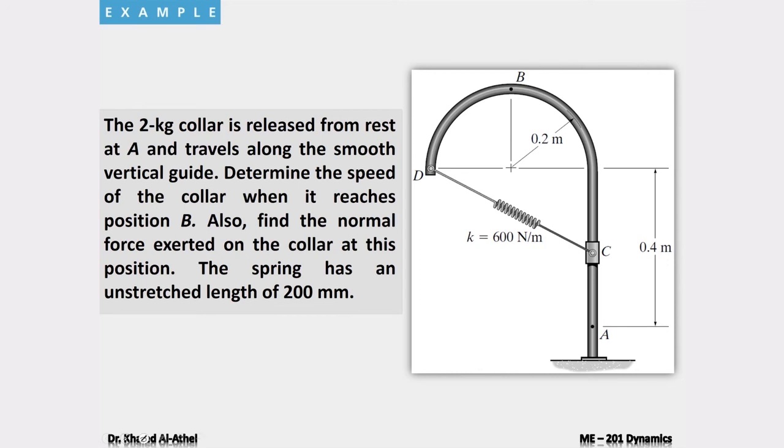As I mentioned in the previous example, we always start with organizing the work by computing everything alone. So let's start by just drawing some free body diagram in here. So let's say this is where I start. I'm going to have something like this.